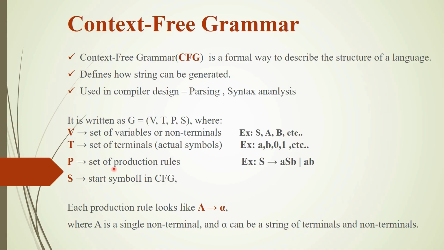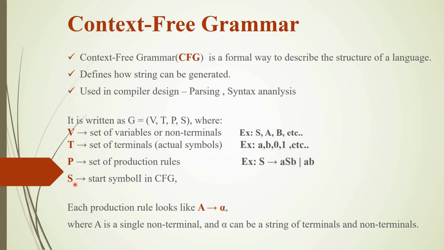P is a set of rules, or production rules, which describe how non-terminals can be replaced by terminals or a combination of terminals and non-terminals. These are the rules used in language generation.